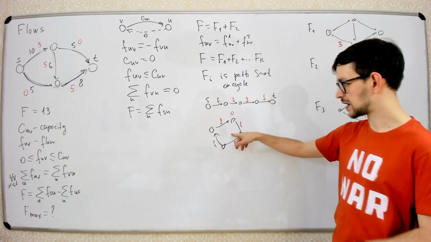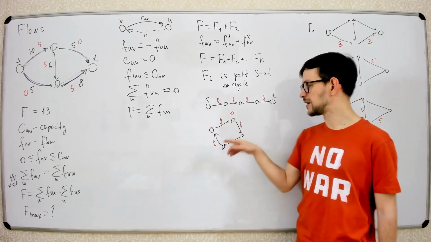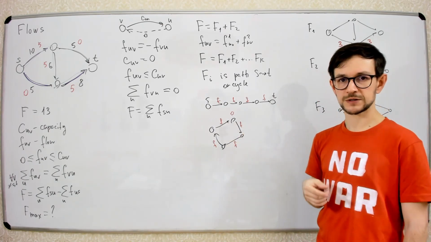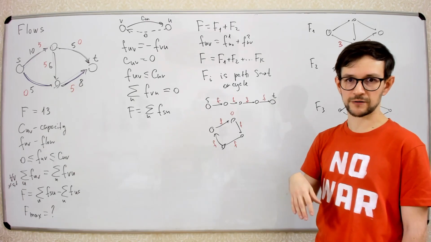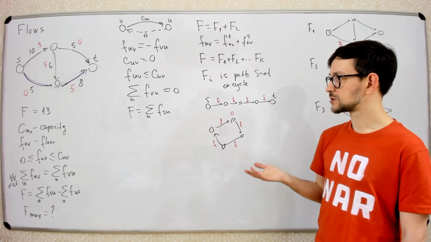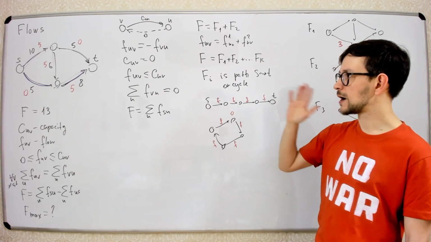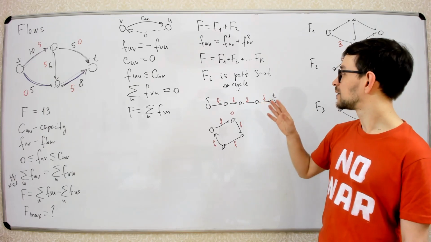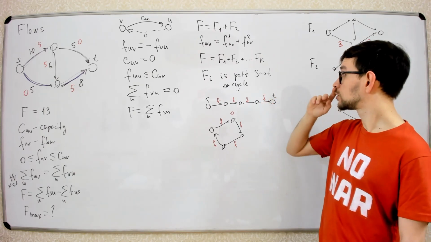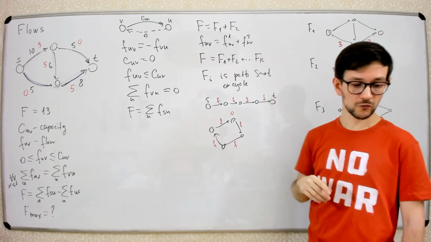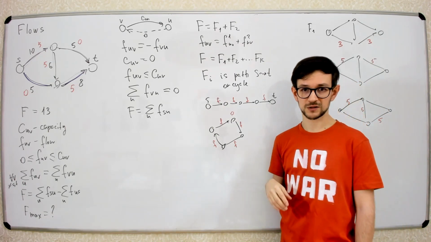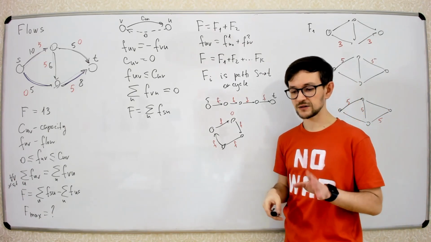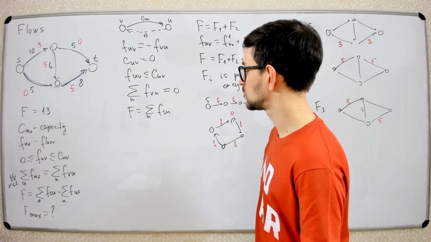Or I can find a cycle. If I find a cycle, I take the minimum of all flows around the cycle and again subtract it from everything. Why is this process finite? Why will this process stop at some point?